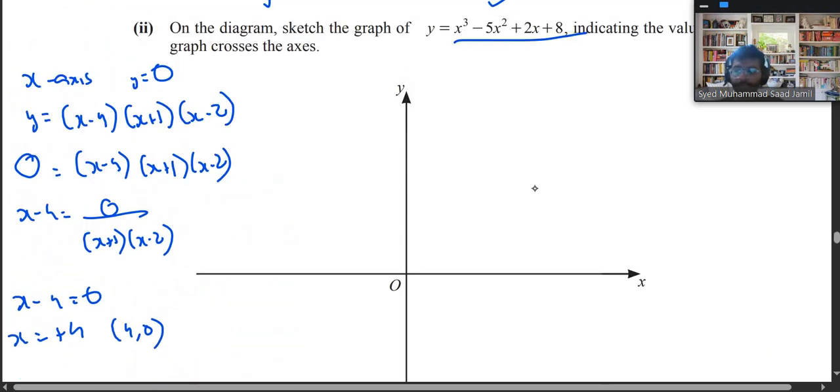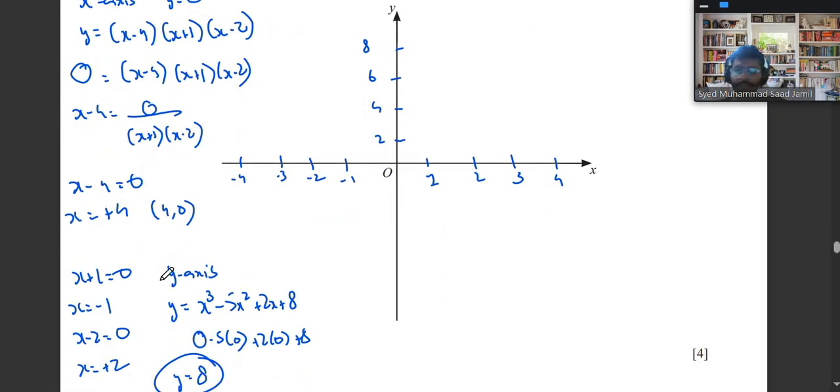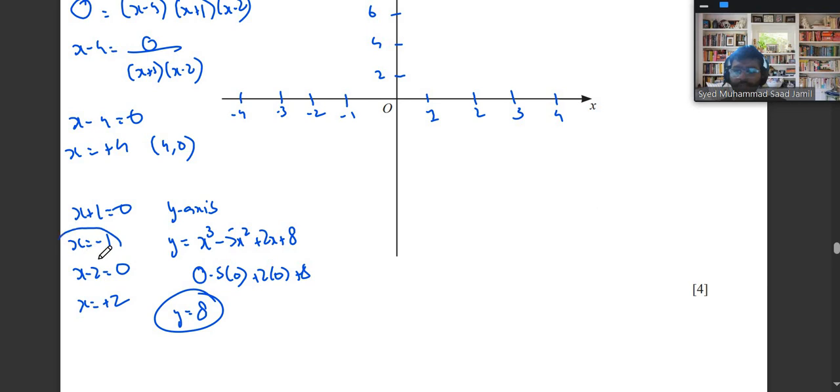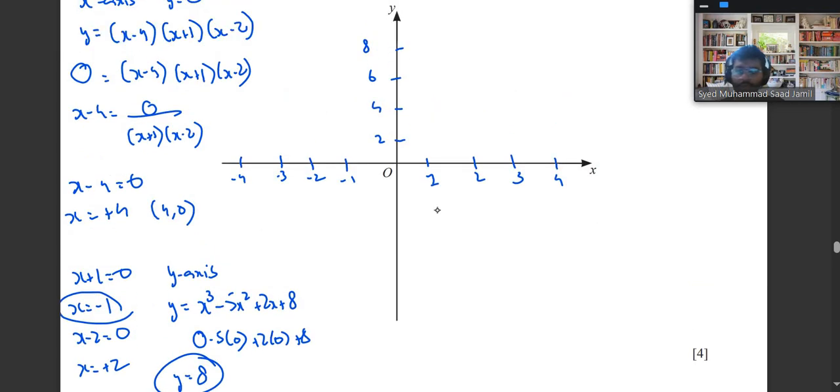So now label the points, for example minus 4, minus 3, minus 2, minus 1, 0, 1, 2, 3, 4. Label these points like 2, 4, 6, 8. So one of the points are, look, the value of x is minus 1 comma 0. This point, it crosses at 0 comma 8.